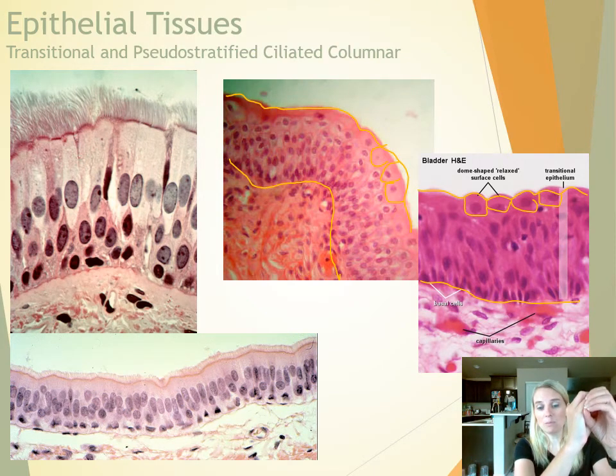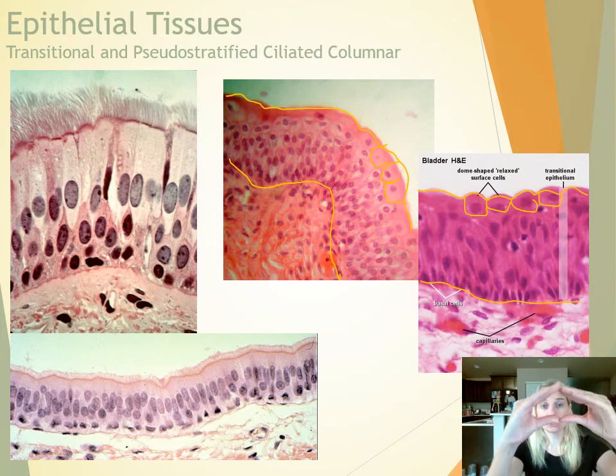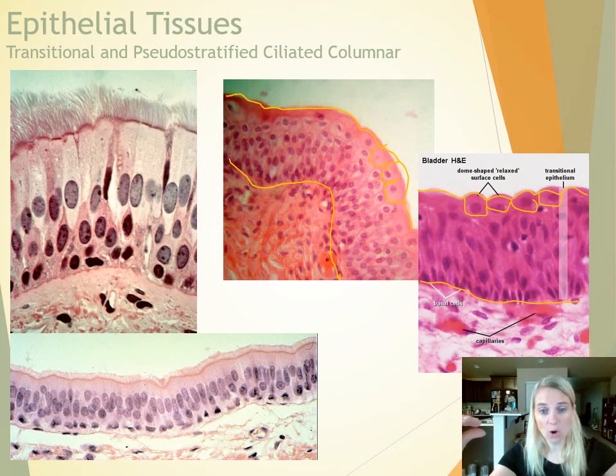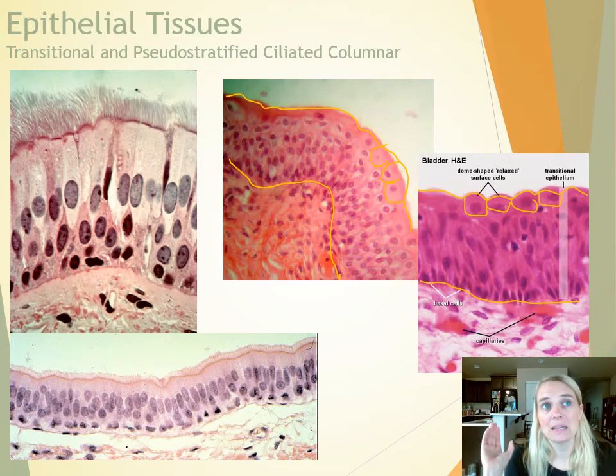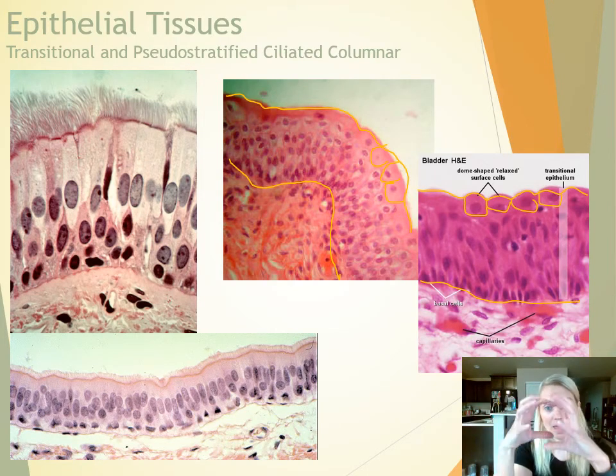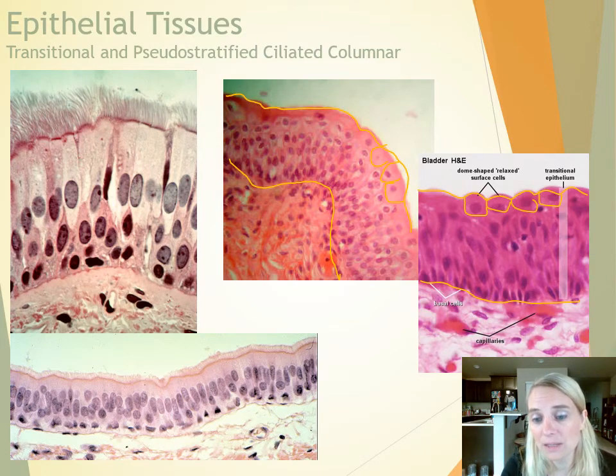So when your bladder is empty, it's big and puffy like this. When your bladder is full, that transitional epithelium actually stretches so flat that it almost looks like a simple squamous epithelium. So we typically only see it in the bunched up, kind of the empty bladder form. And so this is our transitional epithelium, and you can recognize it because of the dome shaped.